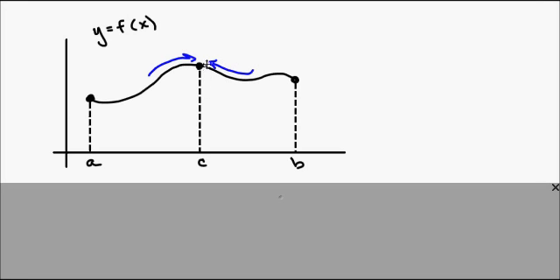When the two-sided limit is equal to the point on the graph, then it's continuous at that point. And for the endpoints, when the one-sided limit at either end of the graph is equal to the point on the graph, then you have continuity there.